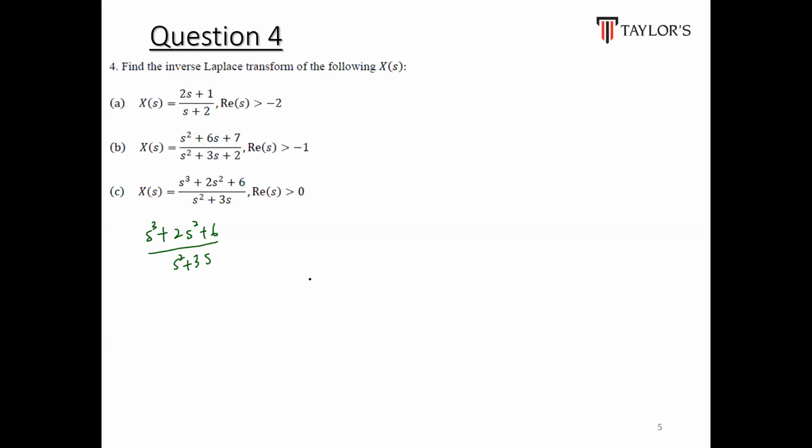Thanks, sir. Okay, so now we look at C. Again, we do the long division first. s cubed plus 2s squared plus 6 divided by s squared plus 3s. And now, like I said earlier, you want to change the first term to the first term here. So s squared, how do you change to s cubed? You multiply by s.